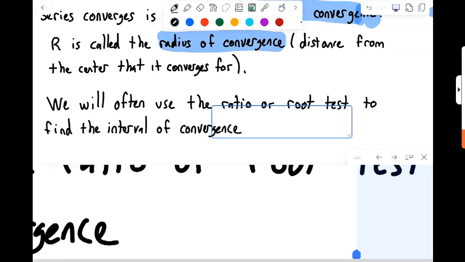And that'll actually be the interval of absolute convergence that we'll be looking at there.